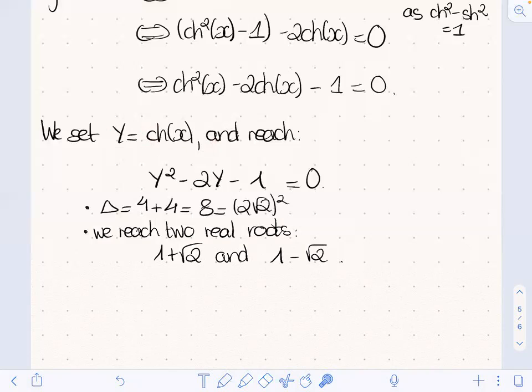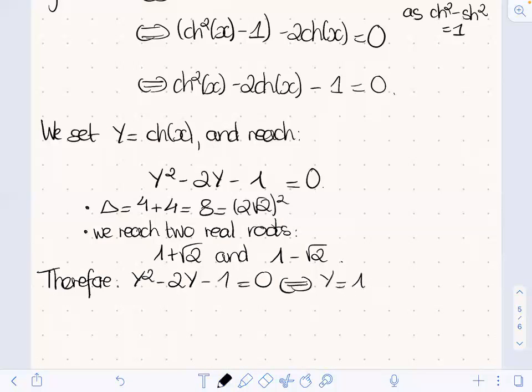So we need to find a way of reversing everything. y squared minus 2y minus 1 equal to 0 is equivalent to y equal to 1 plus square root of 2, or y equal to 1 minus square root of 2.